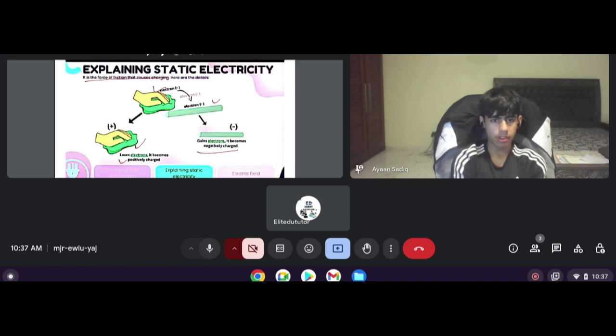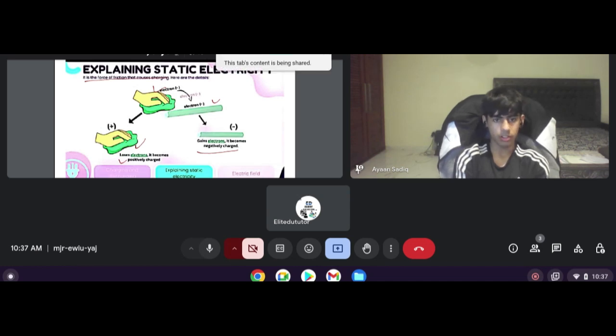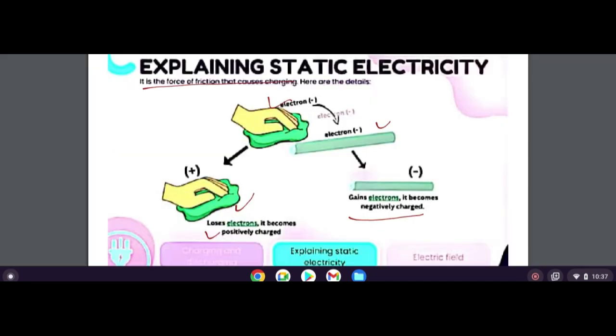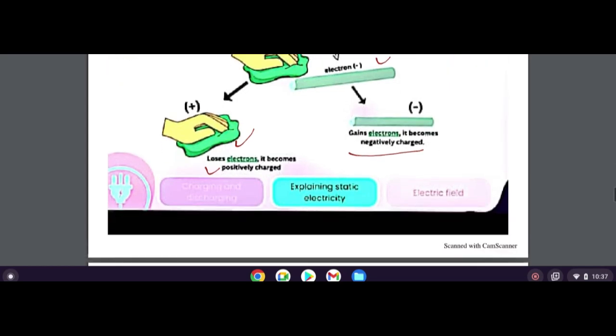Because when they attract each other, the electrons in the cloth move onto the rod, making the cloth positively charged and the rod negatively charged. The rod attracts the electrons lost by the cloth, and it becomes negatively charged because of unlike charges attracting.